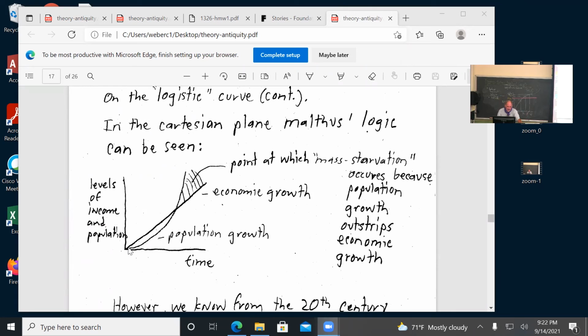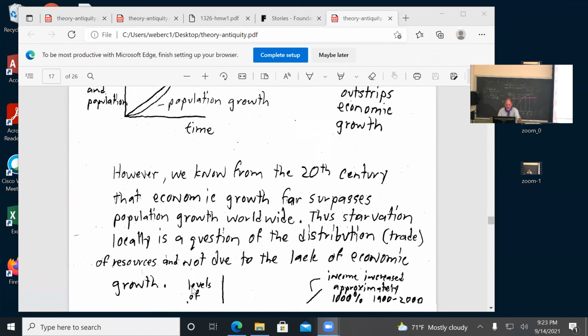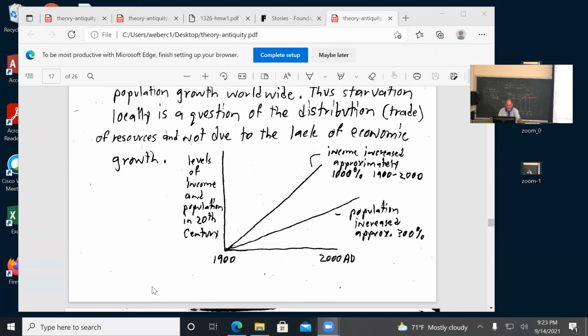So here's population growth. People breed like rabbits, yet economic growth and the abilities to sustain and reproduce grows exponentially versus geometrically. So without population control, you're going to have mass starvation. Well, historically, that has not proven true.